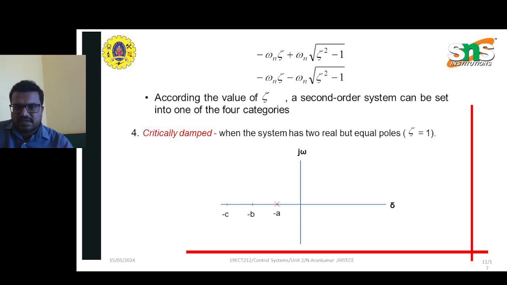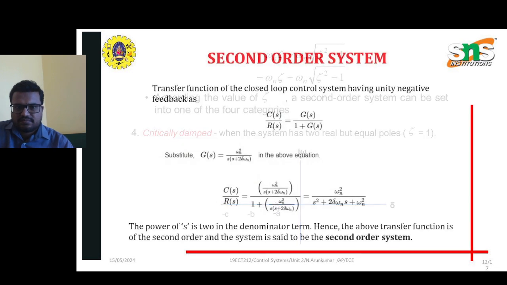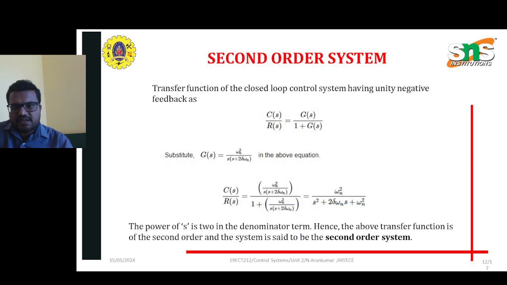Here it shows that delta equal to 1 appears at the margin on the corresponding graph. Like that, all the values can be mapped to second order systems based on the transfer characteristic equations.